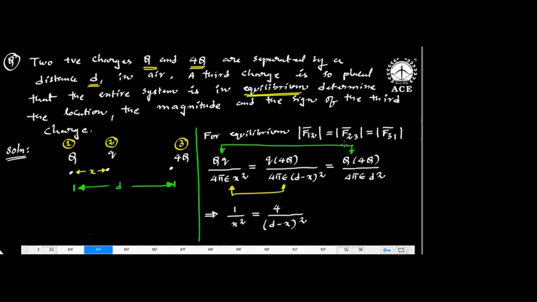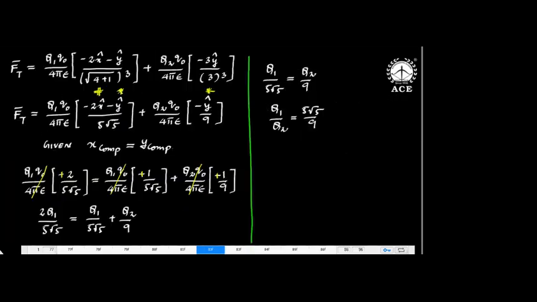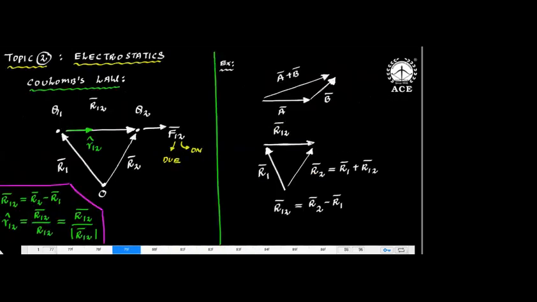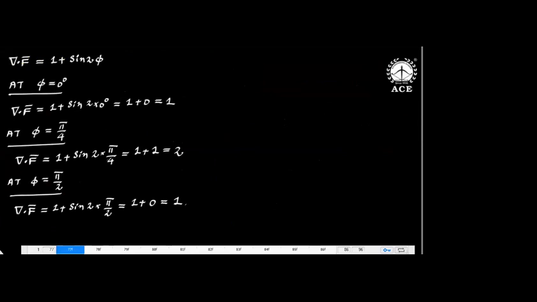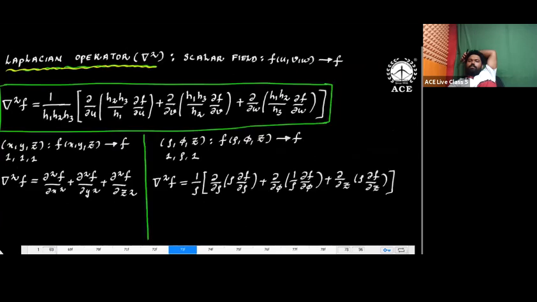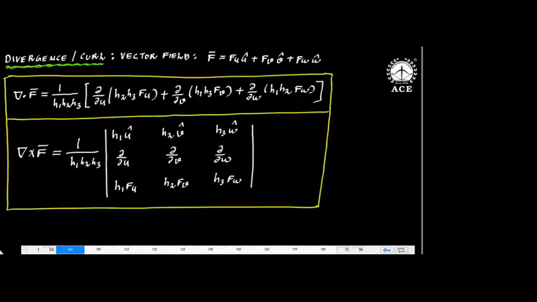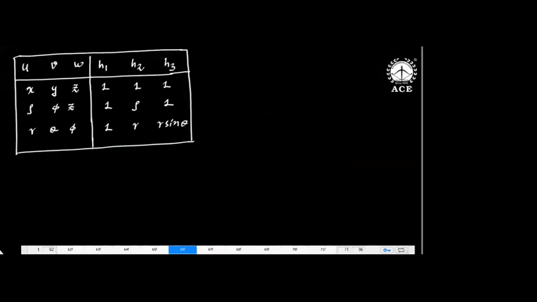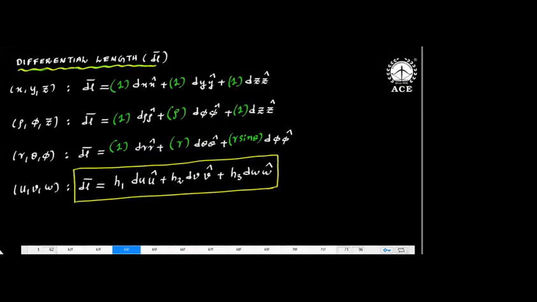Hello, sir. The phi angle should be 2 pi, sir. For 0 to pi, it should cover only a hemisphere.